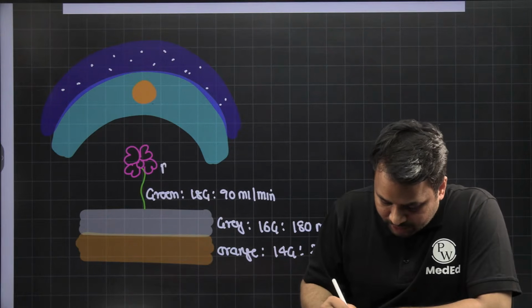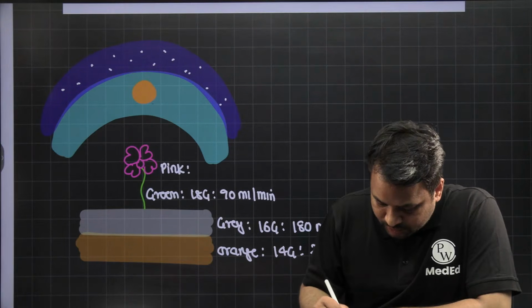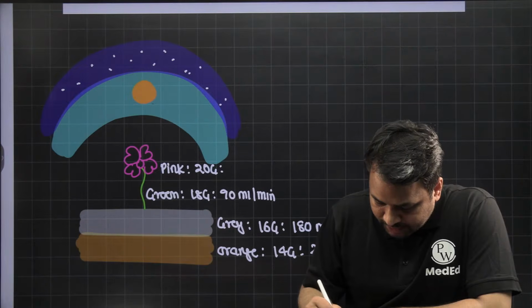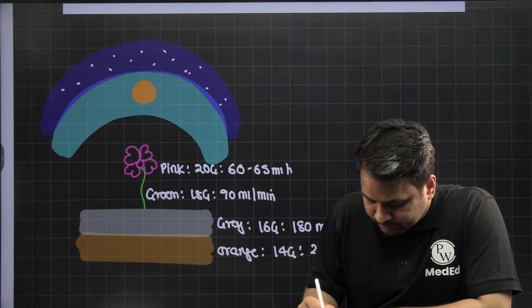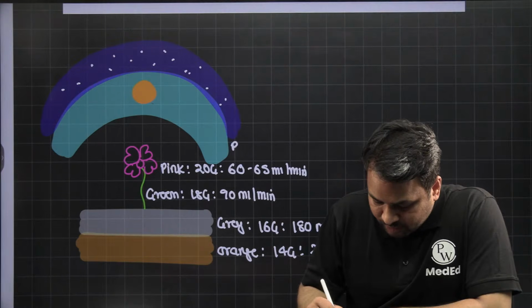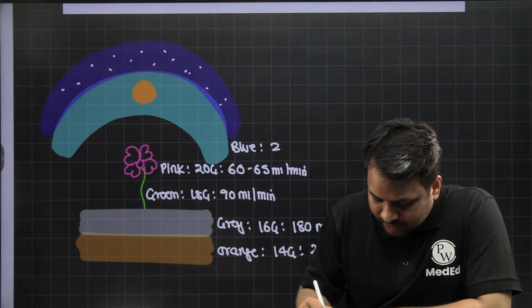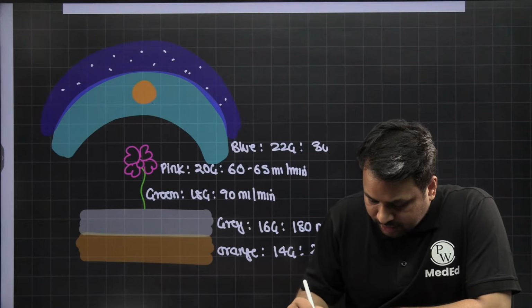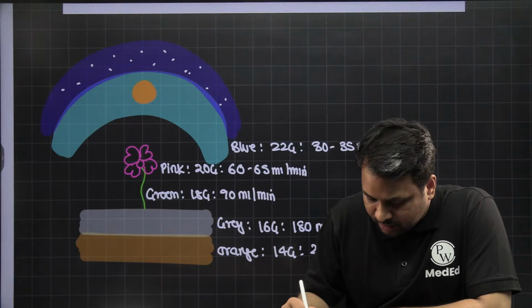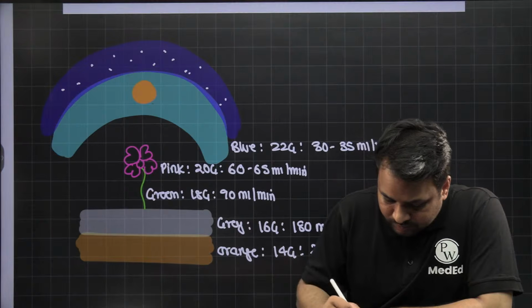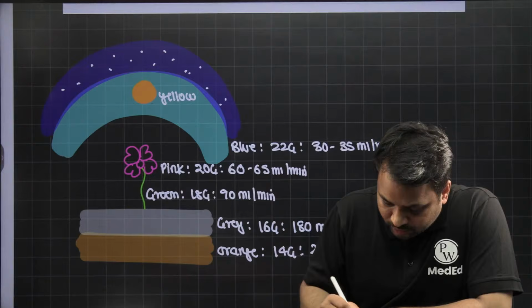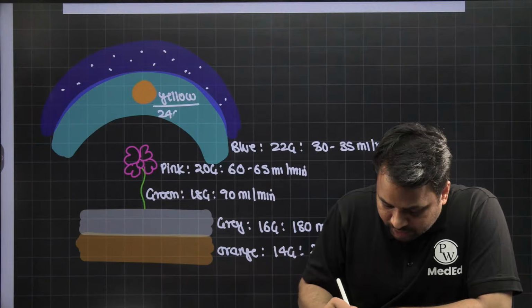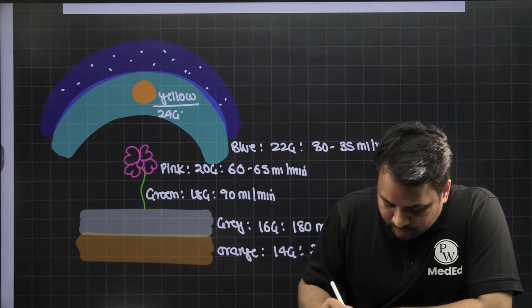Then the pink colored cannula, which is 20 gauge at 60 to 65 ml per minute. Then the blue colored cannula, which is 22 gauge at 30 to 35 ml per minute. Then the yellow colored cannula, 24 gauge at a flow rate of 20 ml per minute.